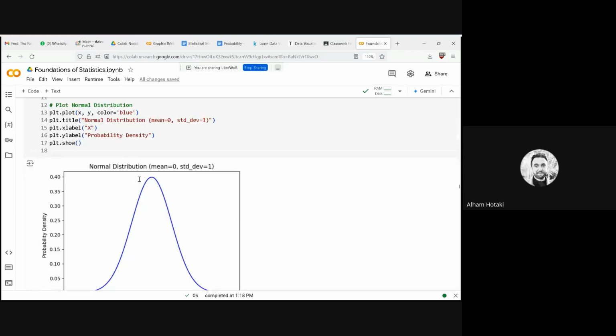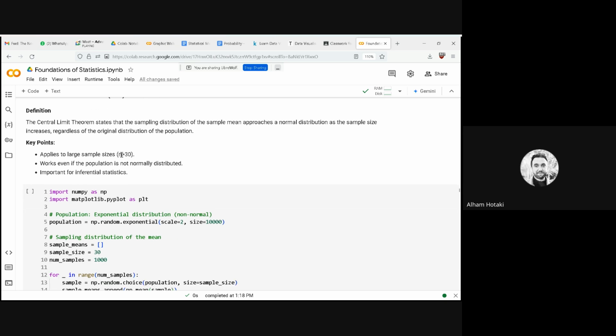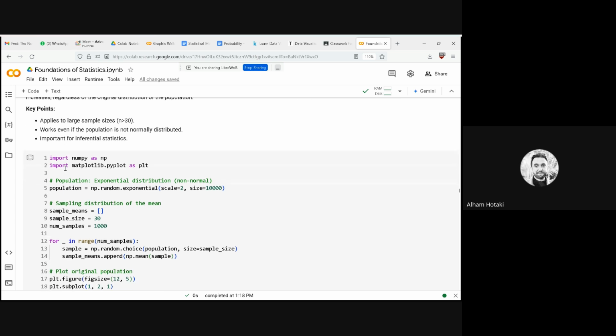We have already studied this. If you roll a die 100 times, the mean of that sample gets closer to the mean of the population whenever you repeat the sampling several times. It applies to large sample sizes, works even if the population is not normally distributed, and is important for inferential statistics.